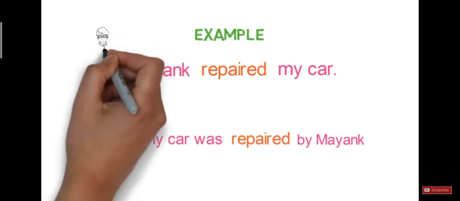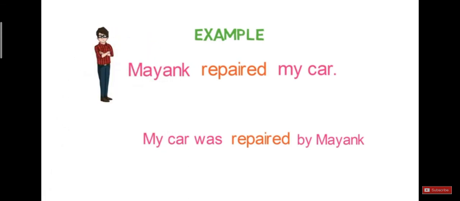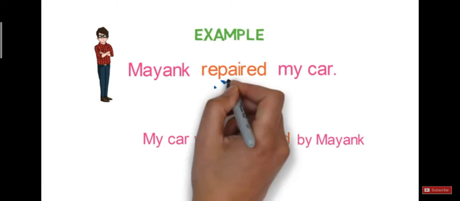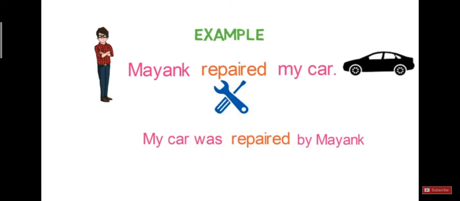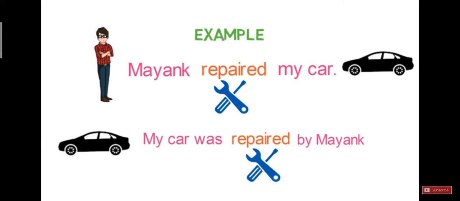So when we are changing into passive voice, our sentence became: the object, my car, came into the subject's place, and the subject, Mayank, went into the object's place. My car was repaired by Mayank. Car came front and Mayank went at last.